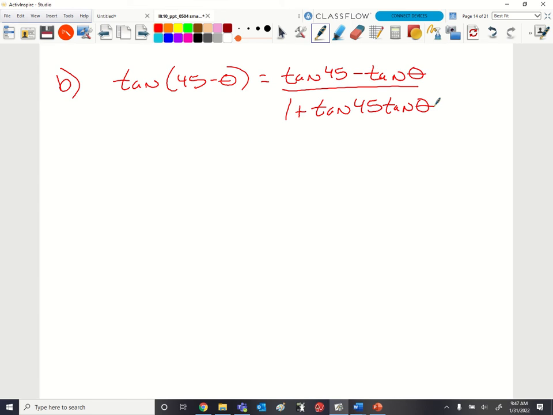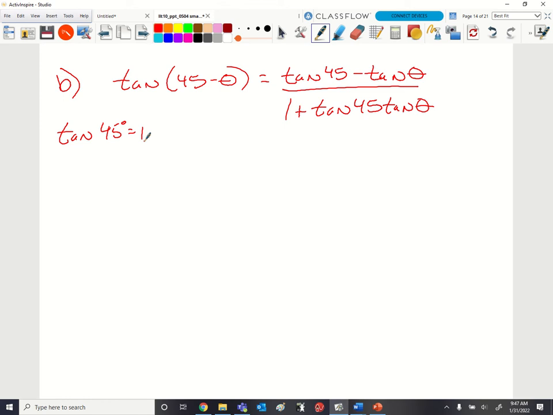If you recall when we did this before, I made you write this down: tangent 45 is just equal to 1. So substitute every place where you see tan 45 with 1.